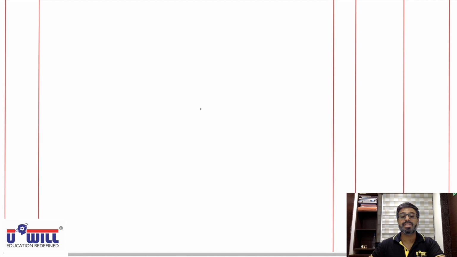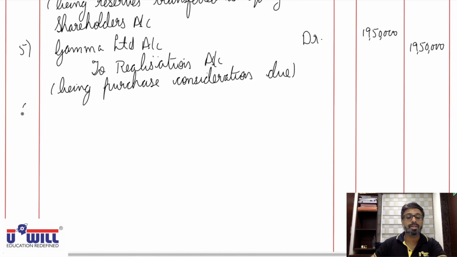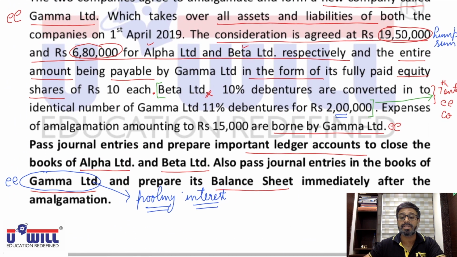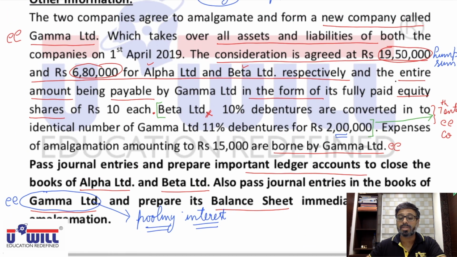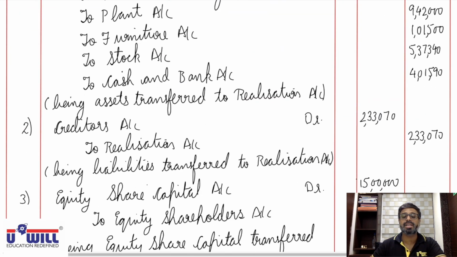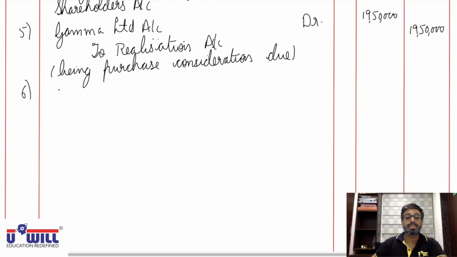Then after purchase consideration due, purchase consideration received. Now look at this paragraph. How is purchase consideration received? See this sentence, which I made you underline: entire amount payable in the form of equity shares. Means this entire 19,50,000 we have received in the form of equity shares of Gamma Limited. So we studied the entry: equity shares come in, debit what comes in.